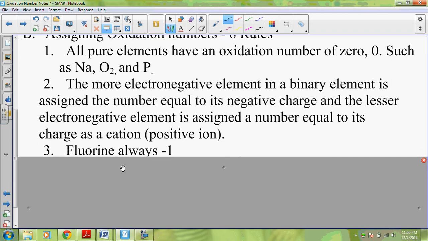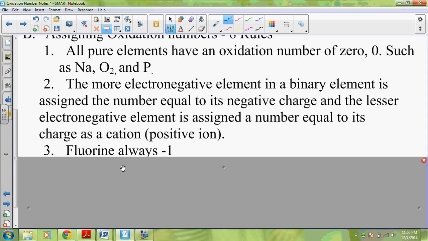Rule 3, though. If you ever see fluorine inside of a compound, we learned last time that fluorine has the most electronegativity, as in it's going to rip off as many electrons as possible. So if fluorine is ever with anything, it always has an oxidation number of -1.